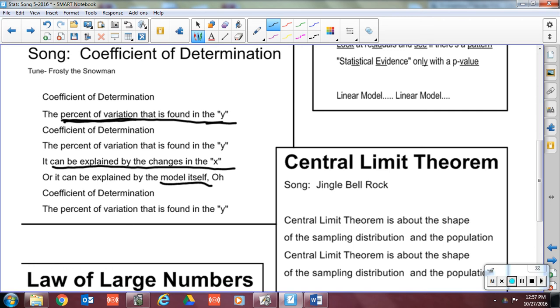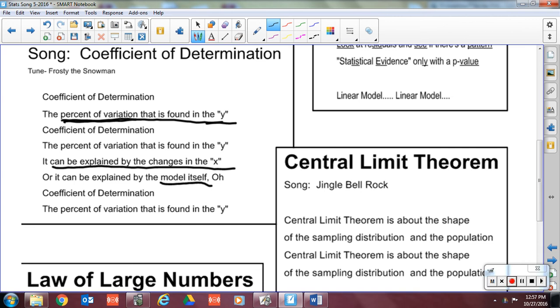So let me sing this one. Well, I don't know, you might be able to sing it straight off with me. So here we go. Coefficient of determination, the percent of variation that is found in the Y. Coefficient of determination, the percent of variation that is found in the Y. It can be explained by the changes in the X, or it can be explained by the model itself.